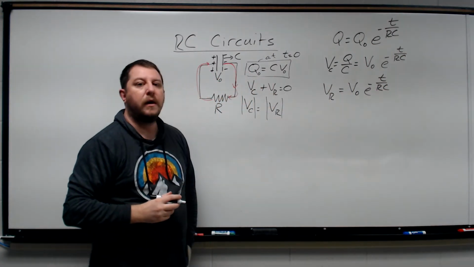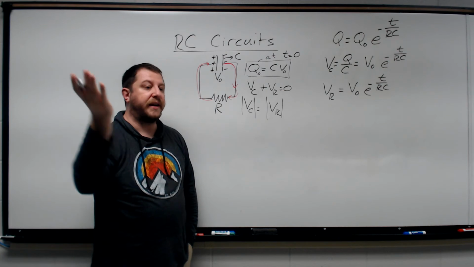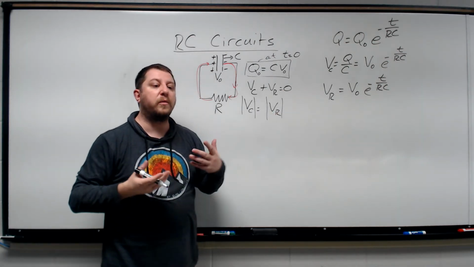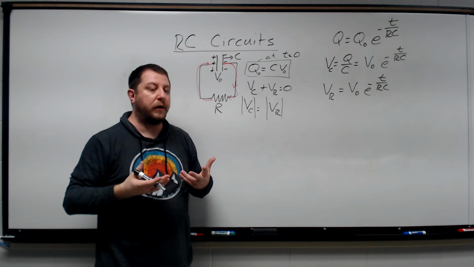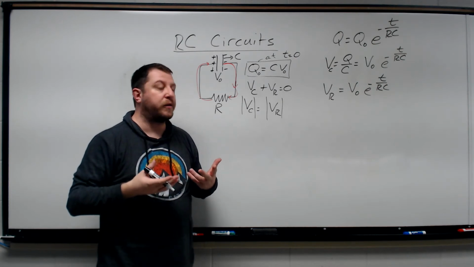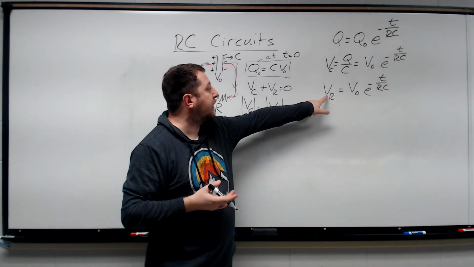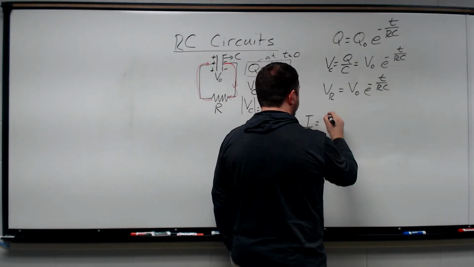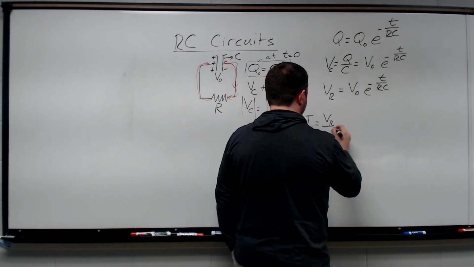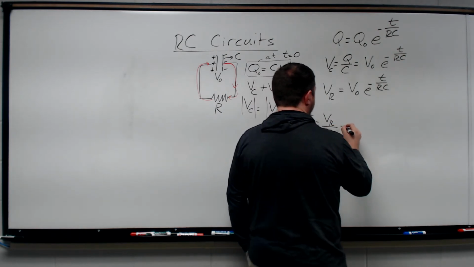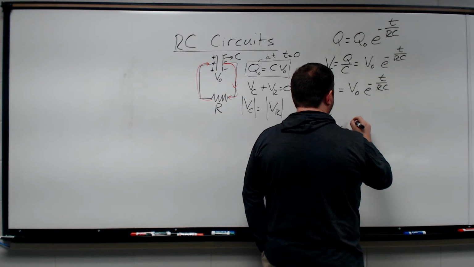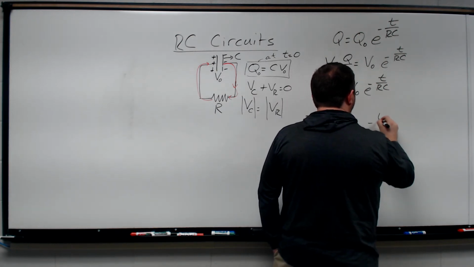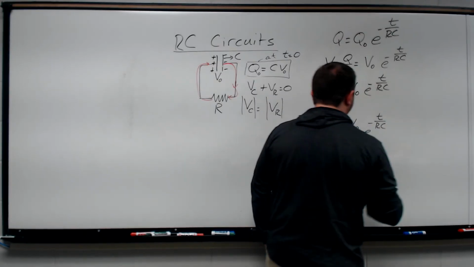Okay? So far, everything is just exponentially decaying. And if I apply Ohm's law, remember Ohm's law is V equals IR, or I is equal to V over R. So if I divide both sides by the resistance, then this is going to be V naught over R e to the negative t over RC.